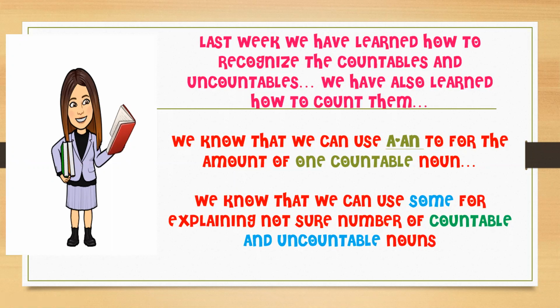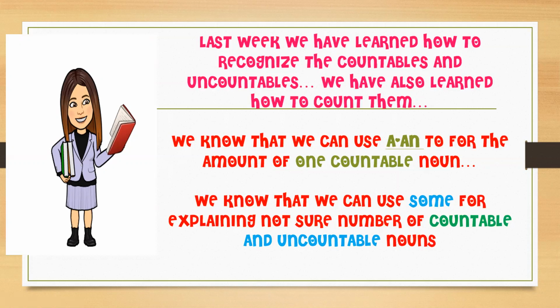The second rule we have learned is that we can use some for explaining a not sure number of countables and uncountables. What do I mean by not sure number? A not sure number means not quite number, bazı, a bit, that much, okay?